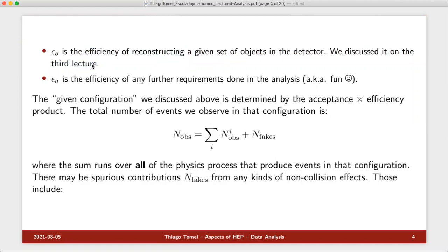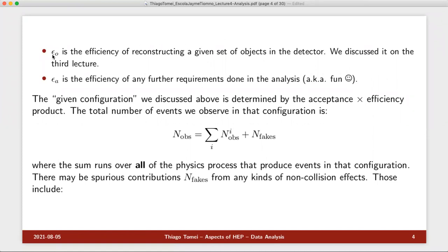So given that you get an electron, for instance, in your electromagnetic calorimeter and leaving a track in your tracker, what's the reconstruction efficiency? What's the efficiency of your algorithm actually finding that electron and giving you its quantities?